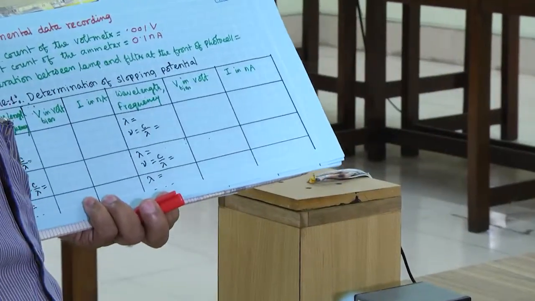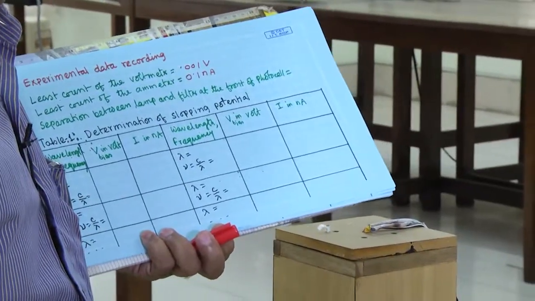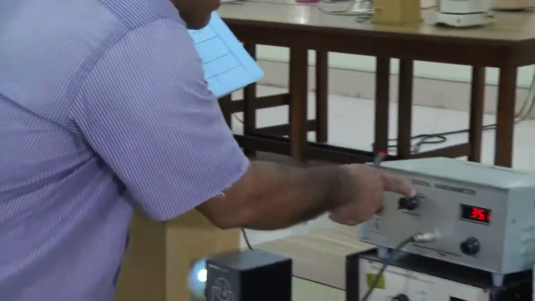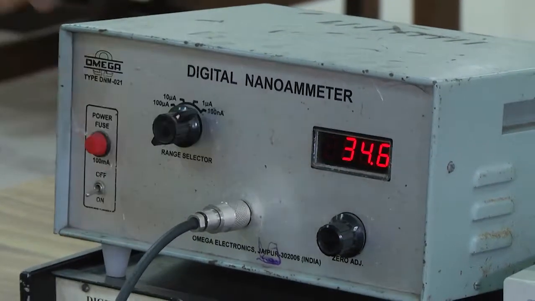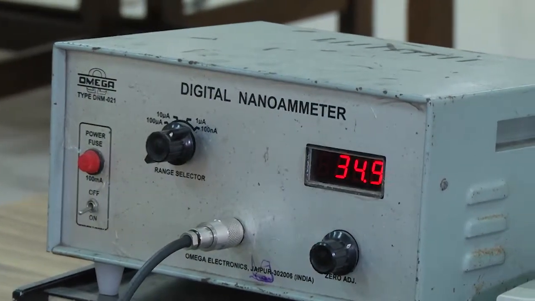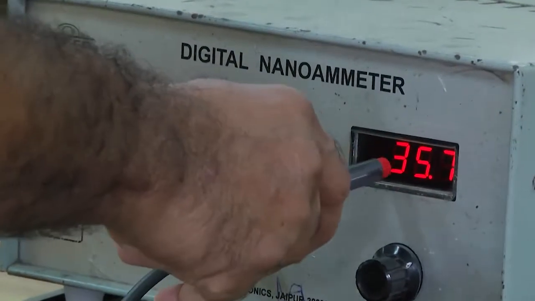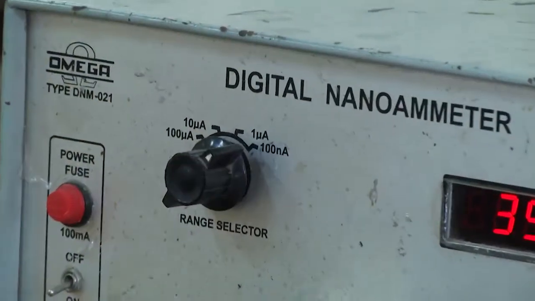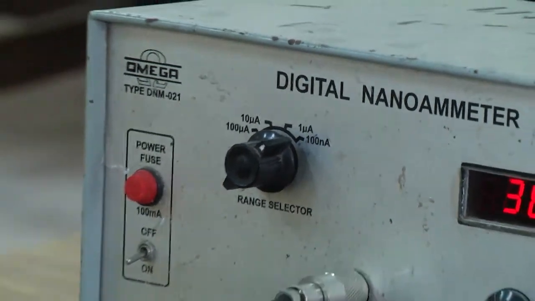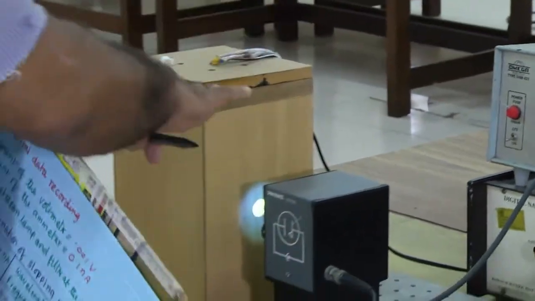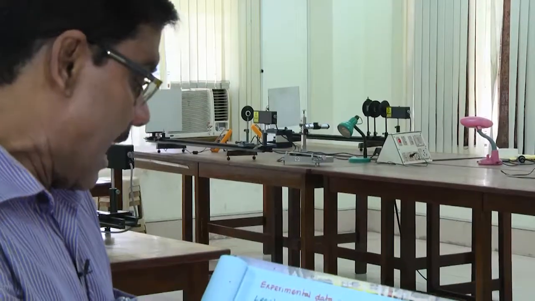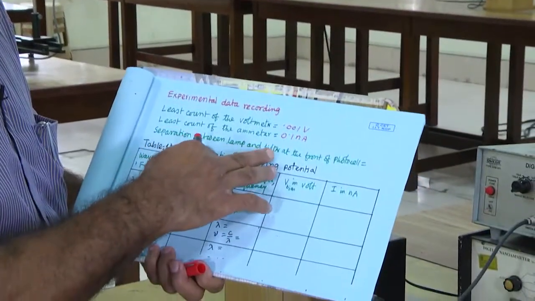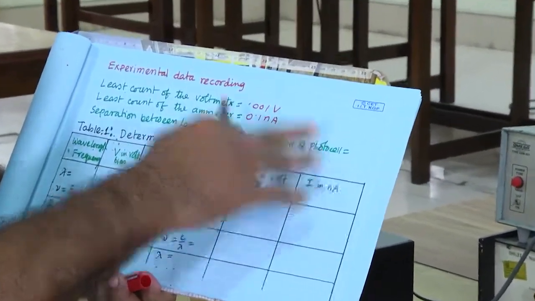Which scale you are choosing, you have to see. Here we have chosen the 100 nanoampere scale, and the reading showing 35 point is varying anyway, because of some fluctuation of light. Then the separation between the lamp and the filter in front of the photocell.